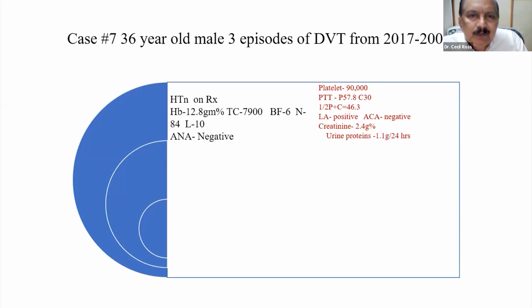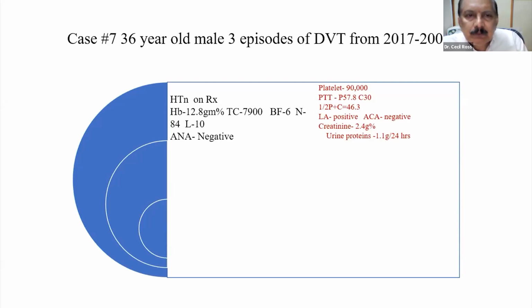Hb is normal, PCV is normal, mild thrombocytopenia, ANA is negative, APTT is prolonged, patient half, control half, gets corrected. Lupus anticoagulant is positive, anticardiolipin antibody is negative, mild renal failure, urine protein is 1.1 grams per 24 hours.